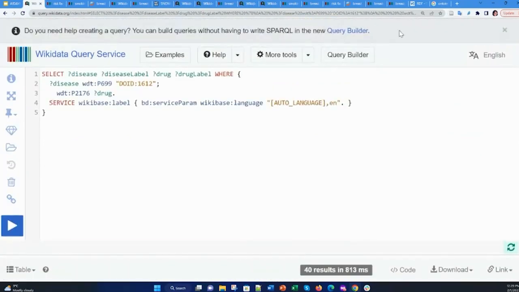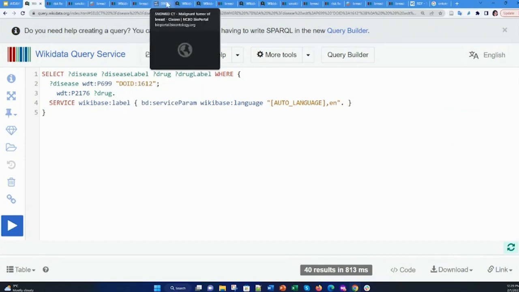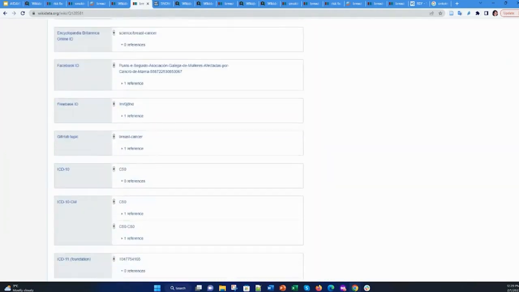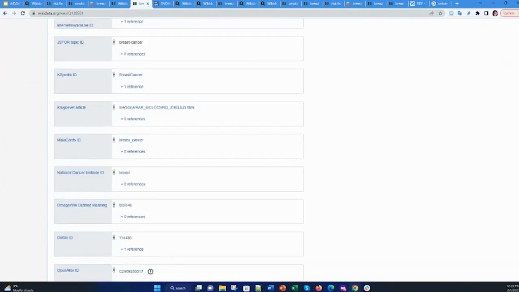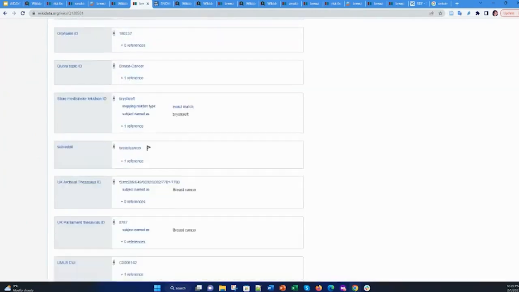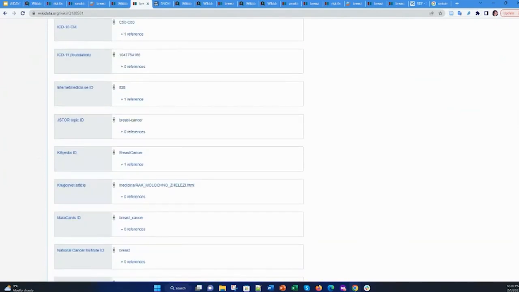For this URI, I'm using just the English language for the label, and I'm looking for all the drugs and drug labels which are used to treat this particular disease, which is represented in the disease ontology with this concept 1612. Let's go back to the disease ontology, to the concept breast cancer.